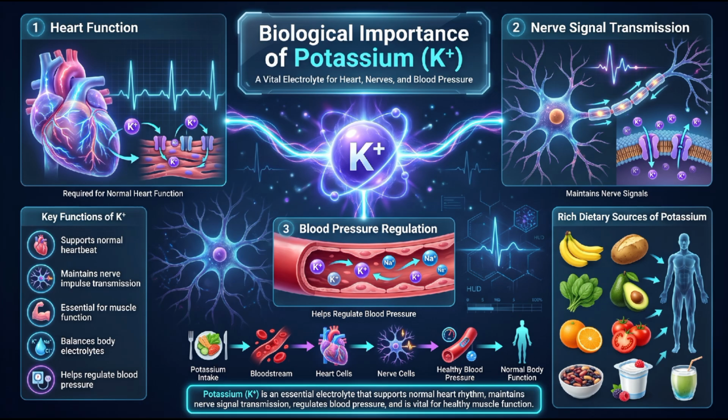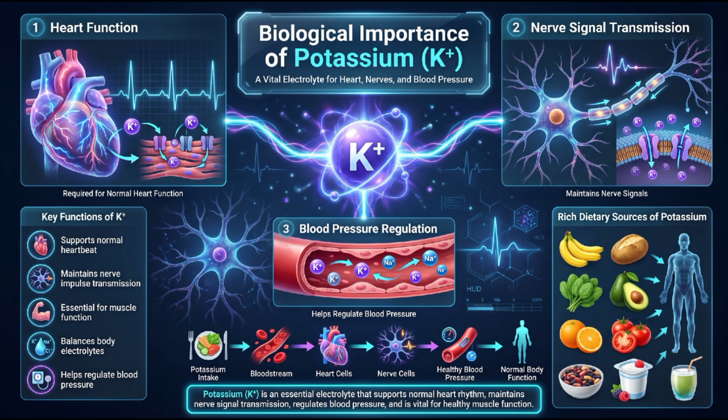The infographic also highlights potassium's important role in maintaining electrolyte balance. Electrolytes are minerals that carry electric charges and help regulate numerous physiological processes. Potassium is the primary intracellular electrolyte, while sodium is the major extracellular electrolyte. Together, these two ions maintain the body's fluid balance, electrical neutrality, and normal cellular function.